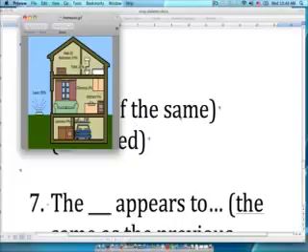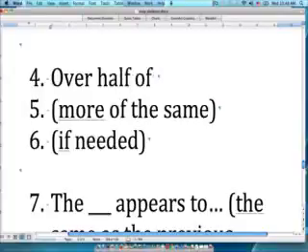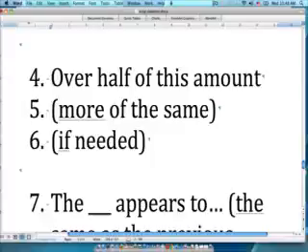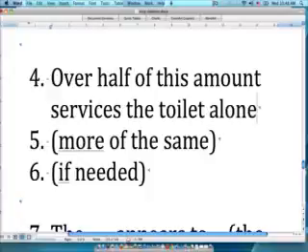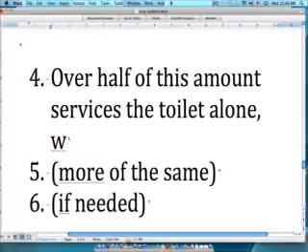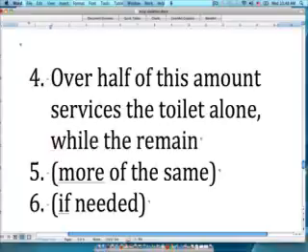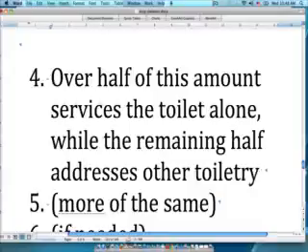So let's say over half of this amount services the toilet alone, while the remaining half, we'll say, addresses other toiletry needs. Okay?